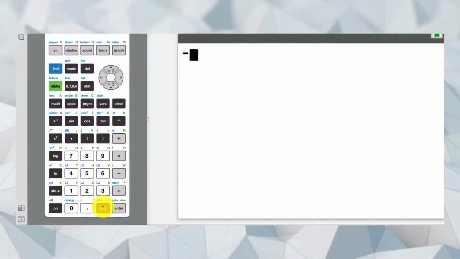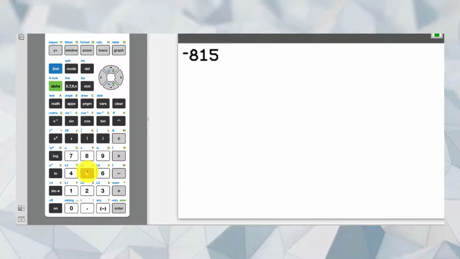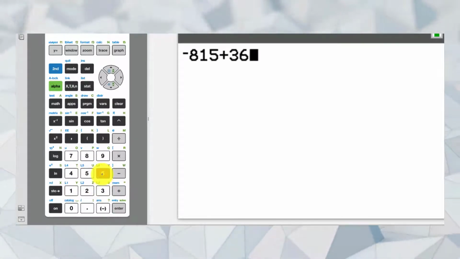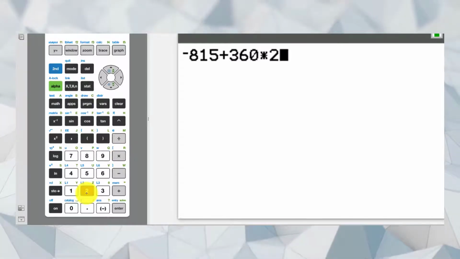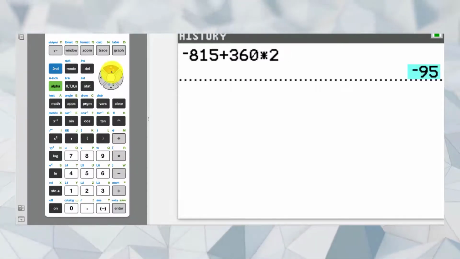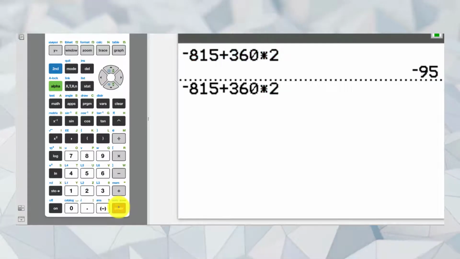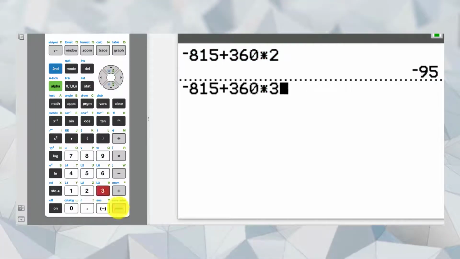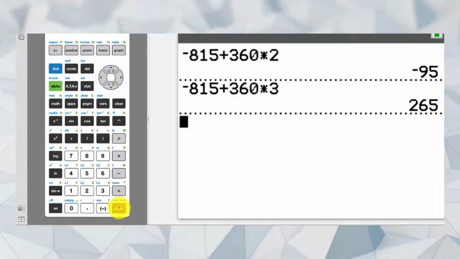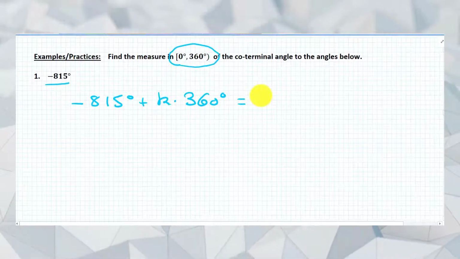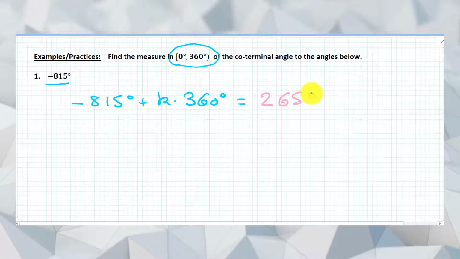Let's see. I'm taking the angle of negative 815 degrees, and I add 360 times, well, let's say twice maybe. Let's see. Nope, that doesn't do it. So maybe I need to add 3 times 360. Yes, and that does it perfectly. This angle is between 0 and 360. And so the answer is 265 degrees.